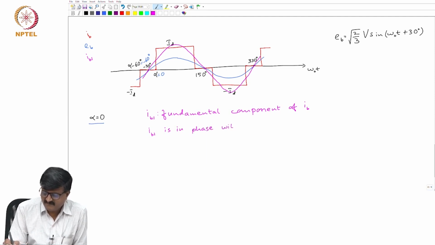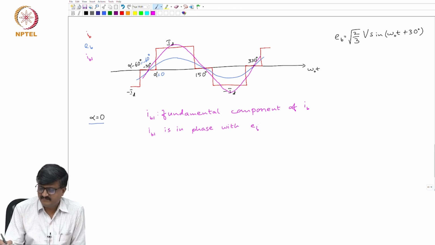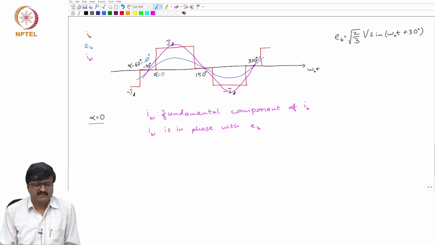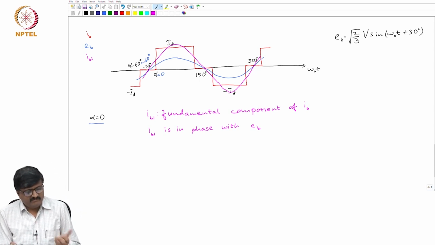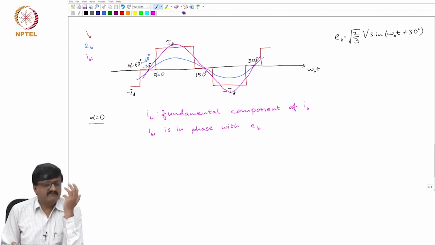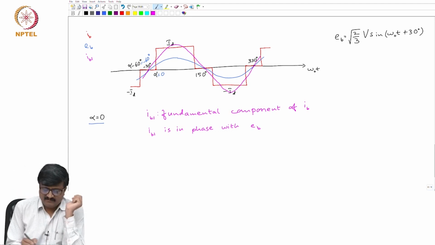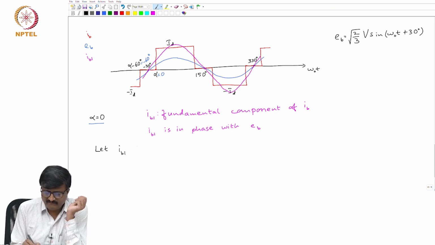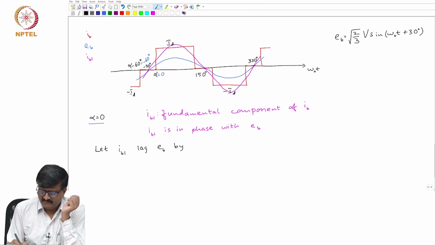So, IB1 is in phase with EB. This is the case if alpha is 0. Now, for any general value of alpha, let us say IB1 lags EB by some phase angle.